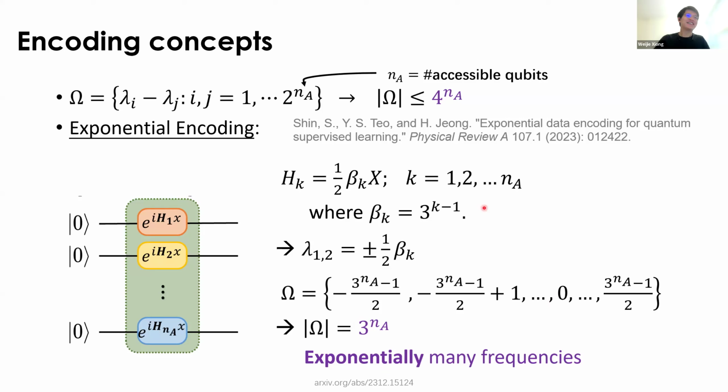However, I think there's a very recent paper that reviewed many different encoding strategies and their resulting frequencies. There is a special encoding concept that can provide you the tight upper bound of the number of frequencies, namely 4 to the NA frequencies. I forgot the name of that encoding concept, but I will put it here and maybe share the slides with you later.